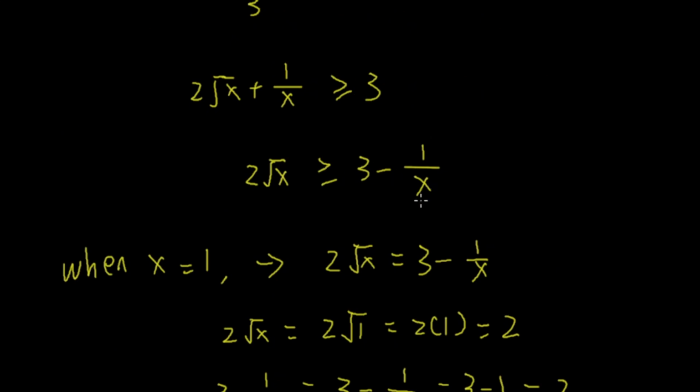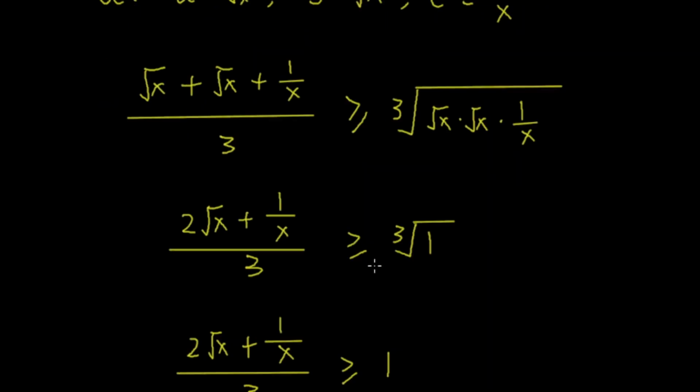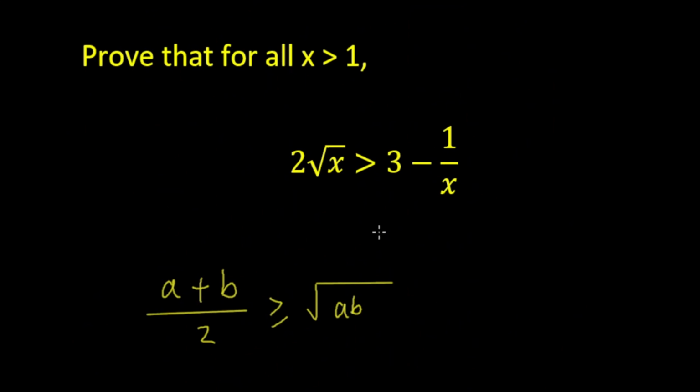If when x is equal to 1 these two are equal, then when x is greater than 1, 2 times square root of x must be greater than 3 minus 1 over x. So this proves what is asked in the question.